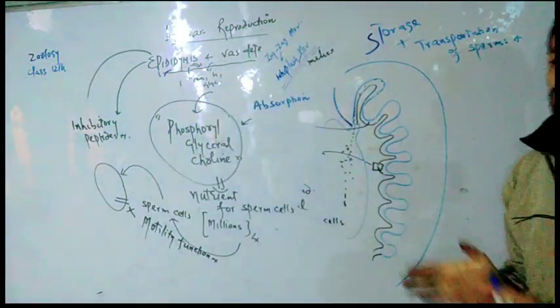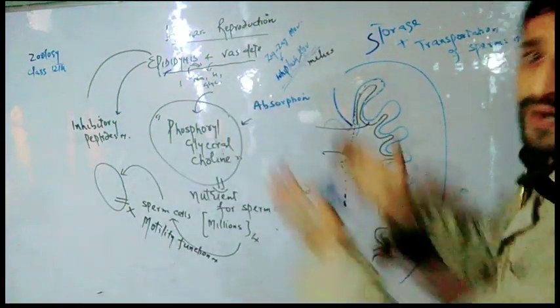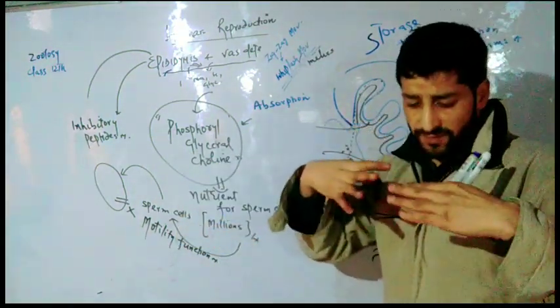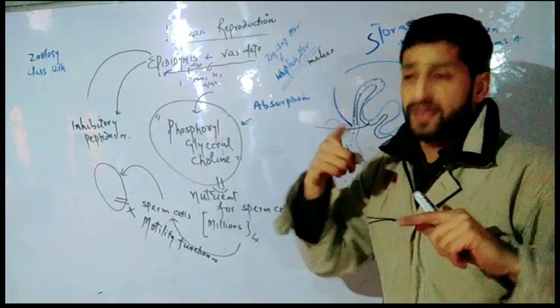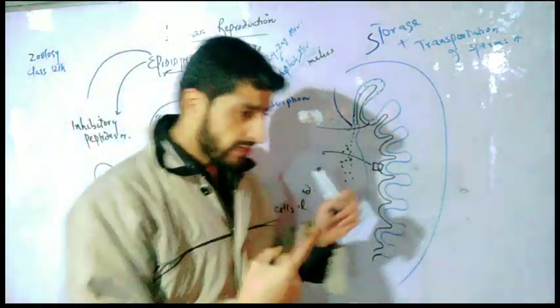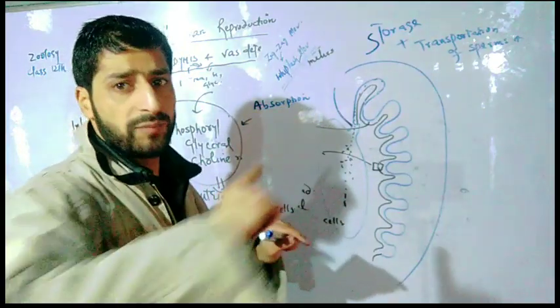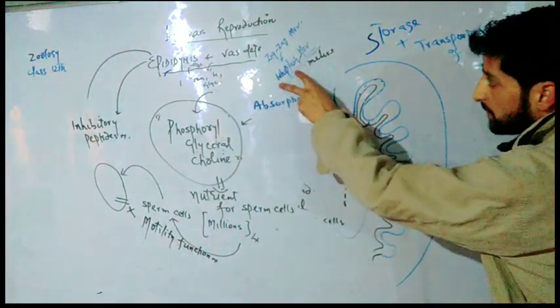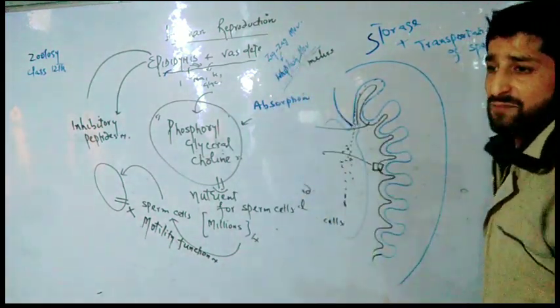The tail is used by the sperm cells to move towards the egg. Sperm has a role to fuse with the egg in the female reproductive system because humans have internal fertilization. So in the female reproductive system, sperm has to swim up to the egg. This swimming power is achieved by whiplash movement as well as by zigzag movement.